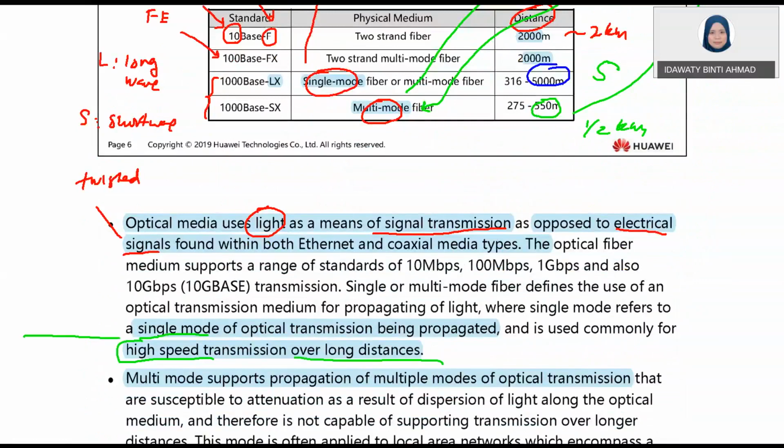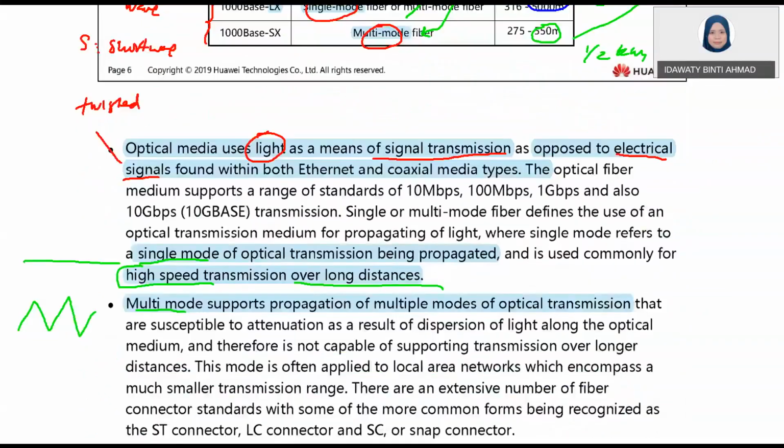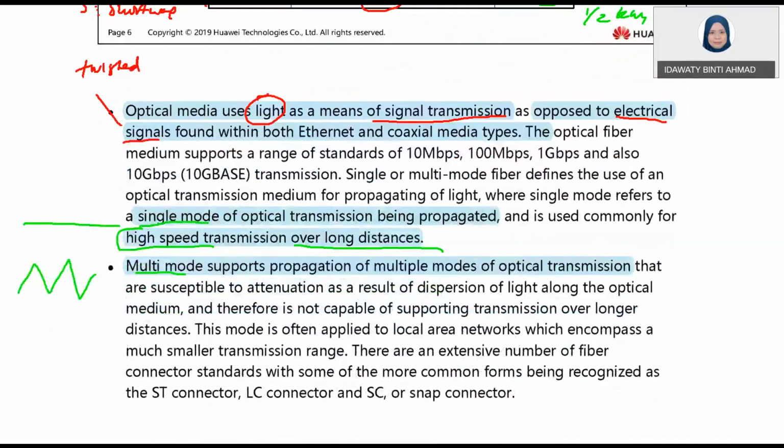But in multi-mode, because it goes like this, there is more attenuation, and you cannot go as far as single mode. So it's not capable of supporting longer distances. Very short distance, 0.5 kilometers is the most it can go.